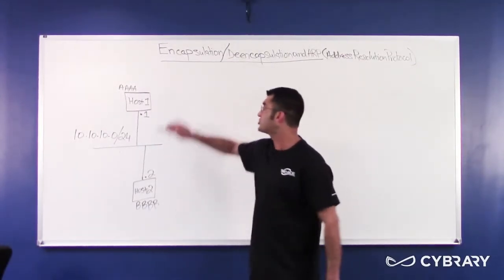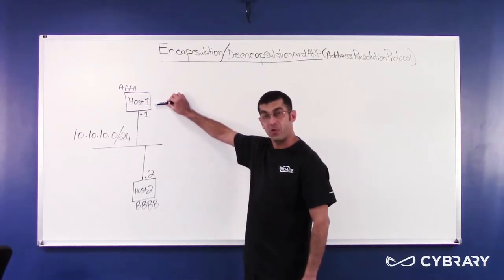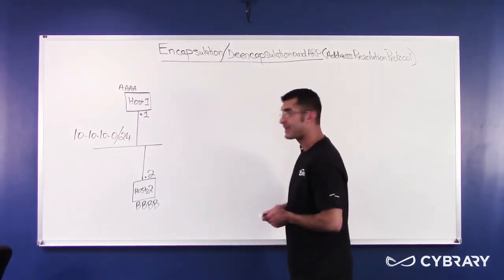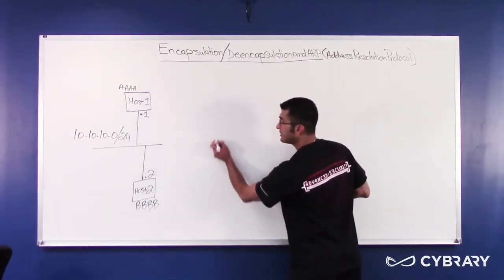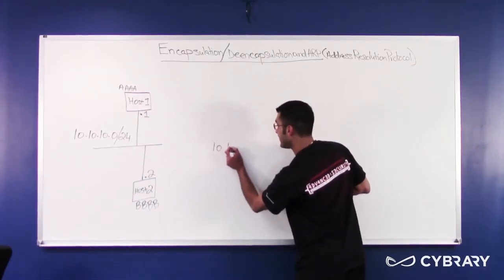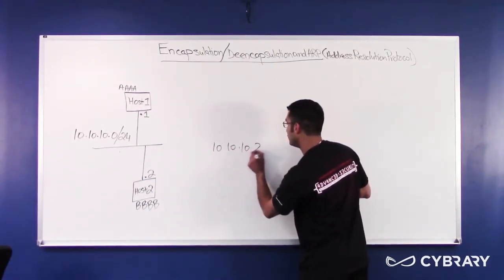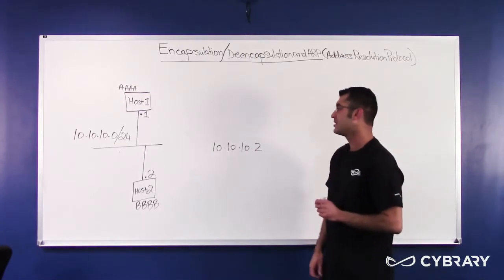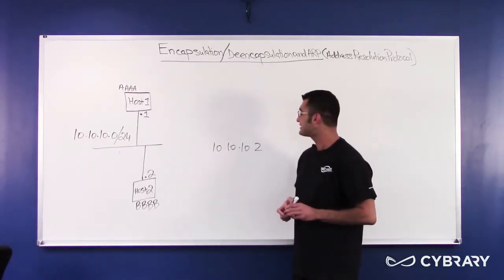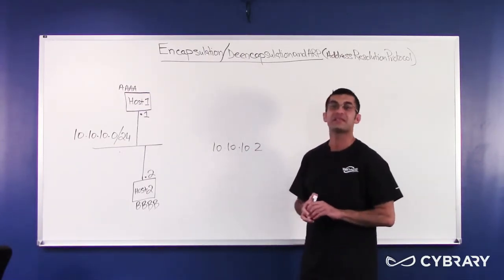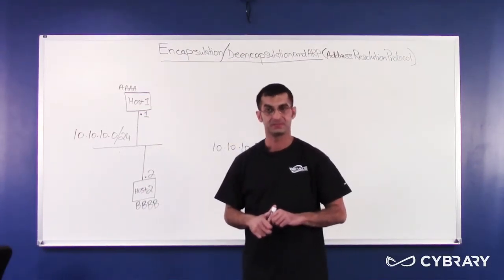Host 1 generates an ARP request requesting the MAC address of the device with IP 10.10.10.2. So host 1 is actually saying, whoever has IP 10.10.10.2, please send me your MAC address.